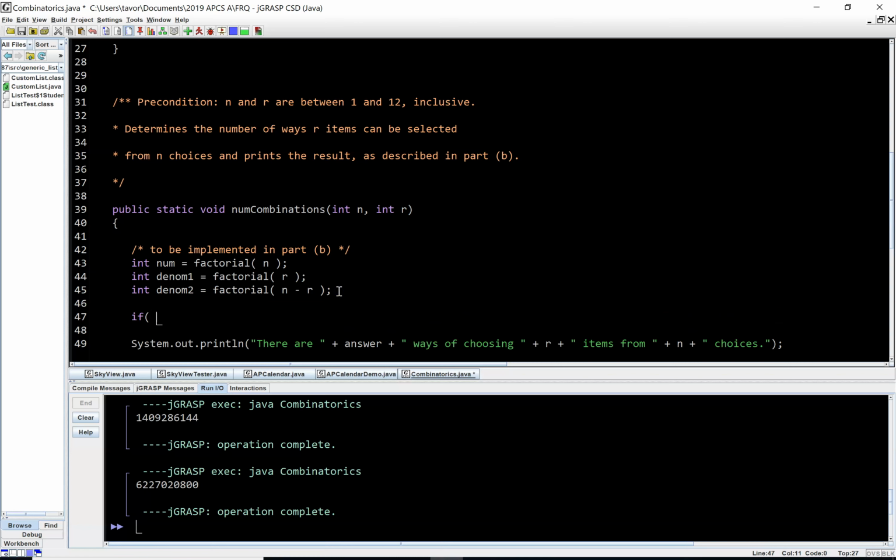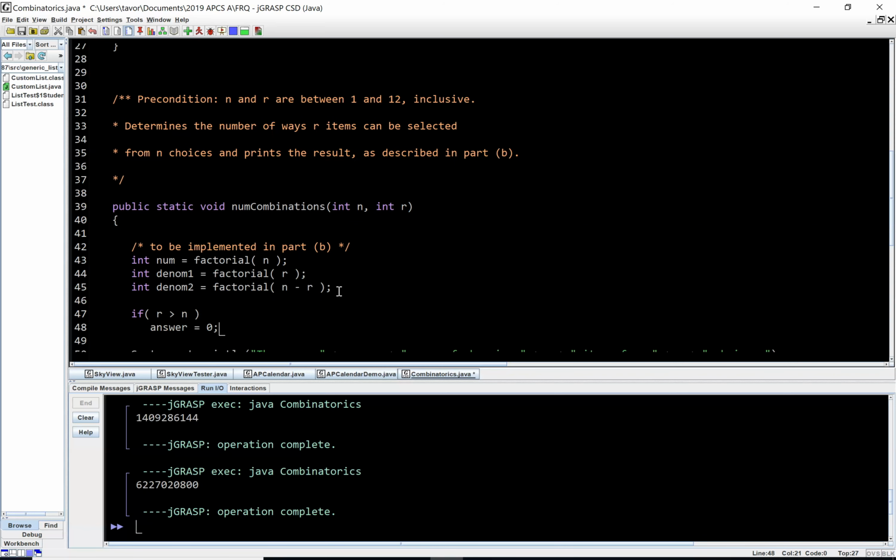If r is greater than n, I want answer to equal 0.